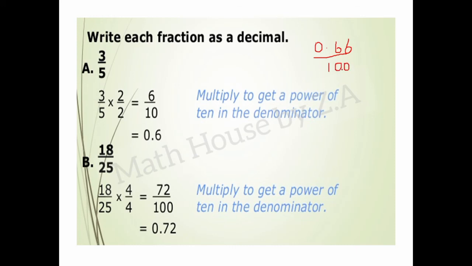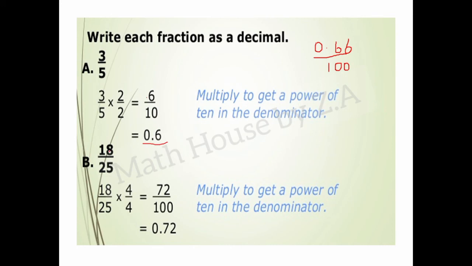So we can see 0.66 is equal to 66 over 100. So if here we have 6 over 10, it also becomes 0.6. The 1 is replaced with a point and we know that the 0 is here, so it becomes 0.6.